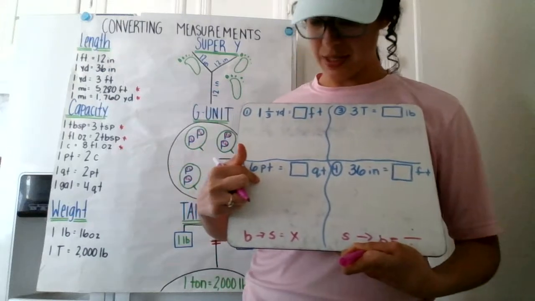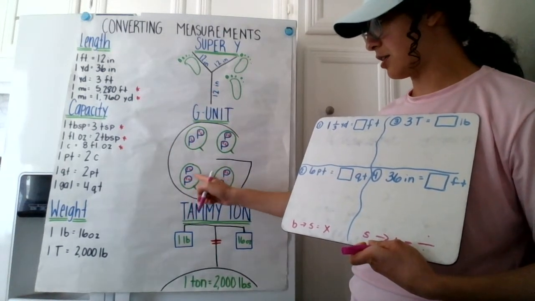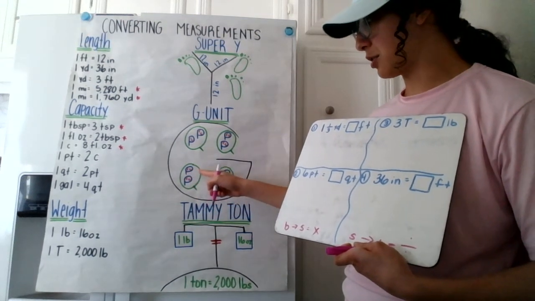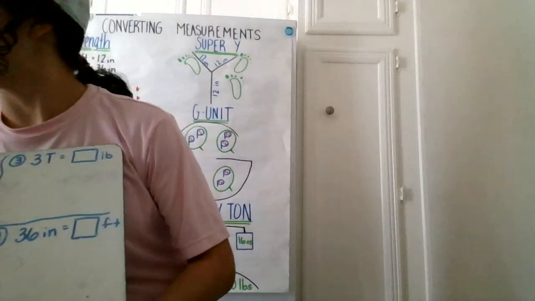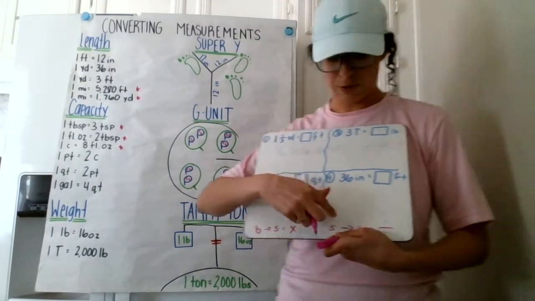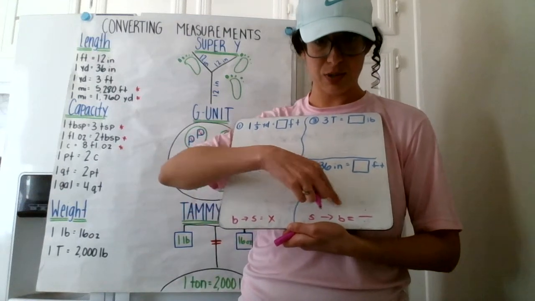So I have pints, and I want to go to quarts. Pints are inside a quart, so pints are smaller than quarts. That means we are going from small to big. So from small to big, we divide, because that's what it says right here. Small to big, we divide.